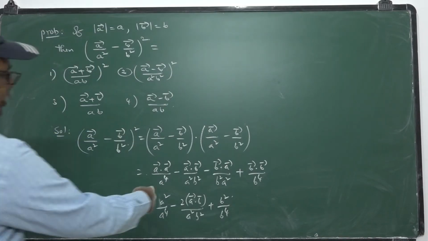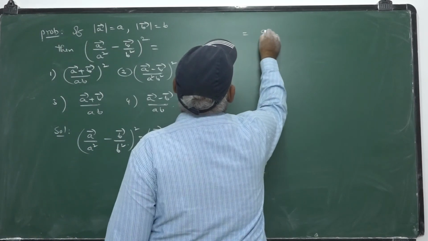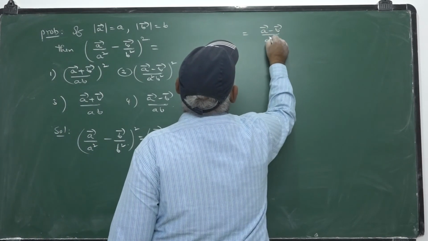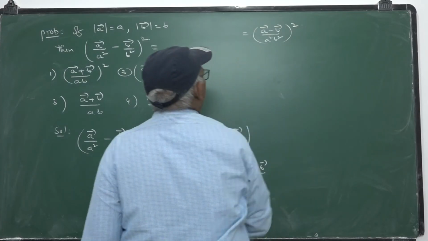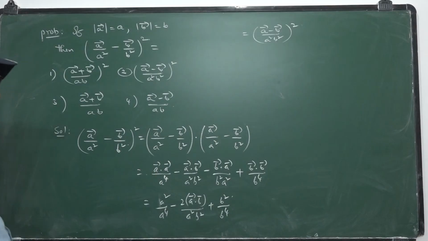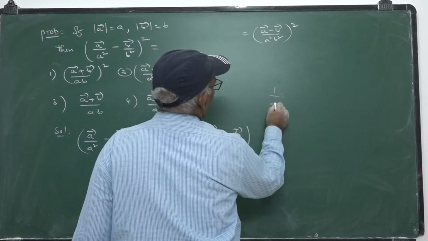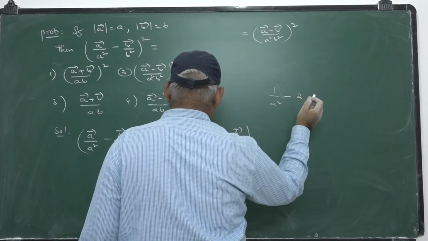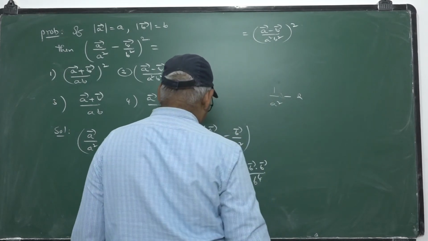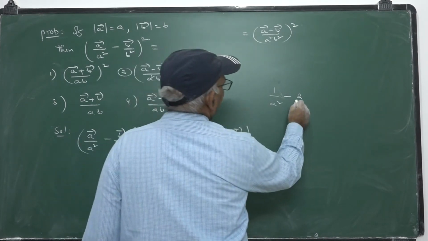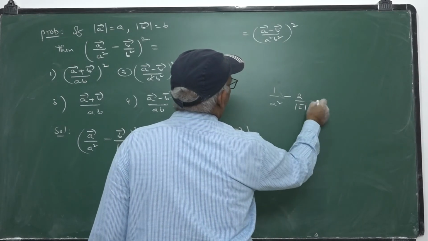In such case, this total value may be written as a bar minus b bar by a square b square whole square, a bar b bar whole square by a square b square, 1 by a square, 1 by b square. A dot b means cosine of angle between a and b by a square. Of course, this is a square minus b square.